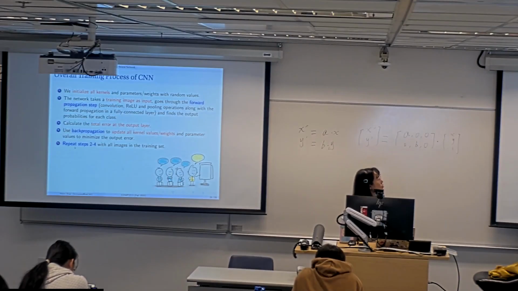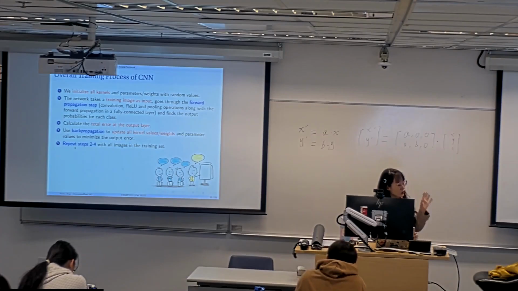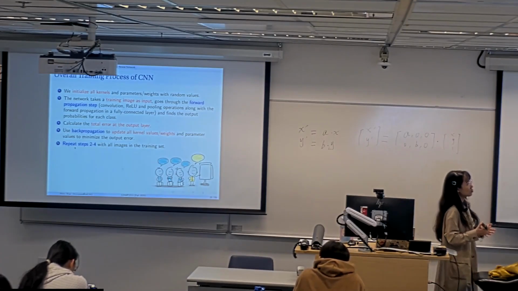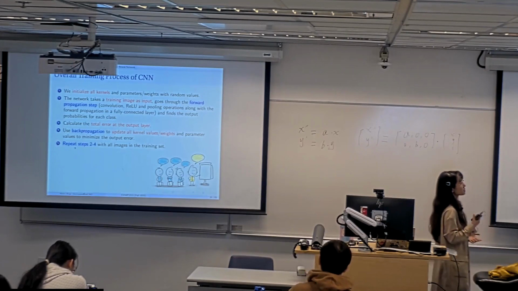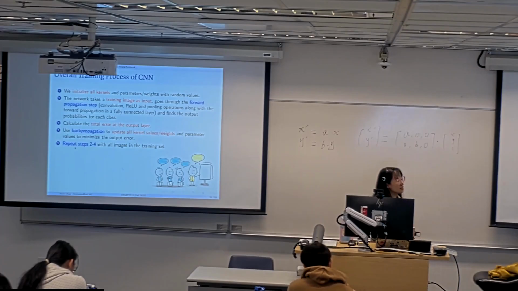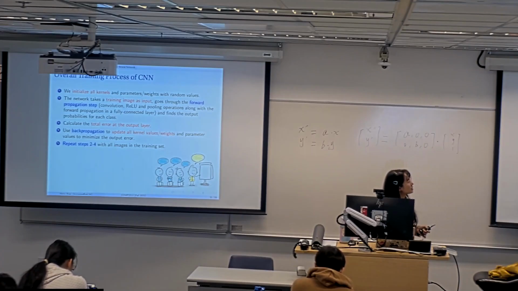And then the overall training process of CNN is just like what we have done in the multi-layer perceptron. First, initialization. We need to initialize all the kernels and other parameters like weights and biases with some small random values, and then start training. The network takes a training image as input, right? We always input the data one by one, then go through the forward propagation step.